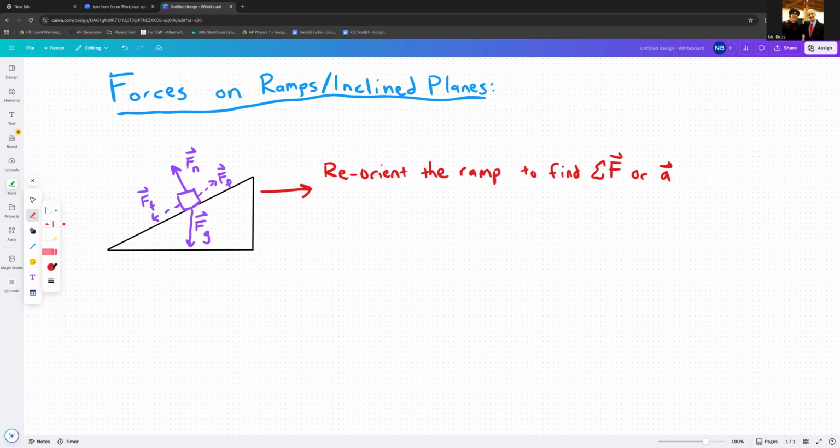When we do all of that, we want to be looking specifically at acceleration, and because of that, we want to look at forces along the surface of the ramp.